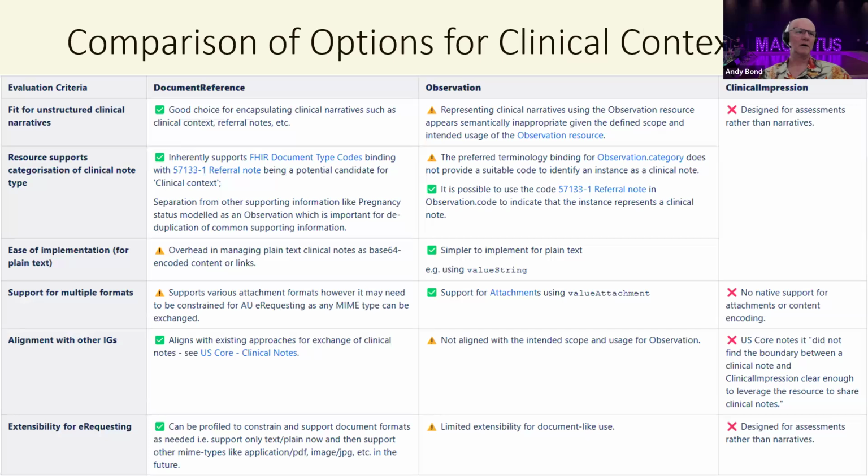But more standard? I don't think it's necessarily accurate to say it's more standardized. There already are clinical notes in a service request, full stop. We're already deviating from the standard by attempting to do this shared clinical note. So it's not the standard way of doing clinical notes for service requests currently.